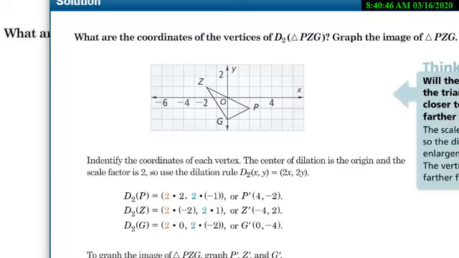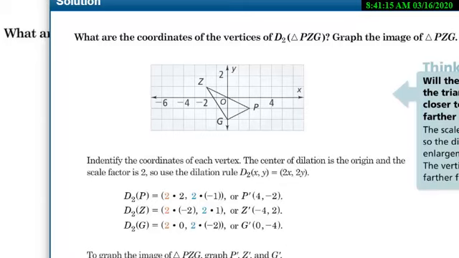So B prime, which is the image of B according to the dilation by the scale factor 2, is gonna be 2 multiplied by 2 and 2 multiplied by -1. So the final result will be 4 and -2. The image of Z, which is Z prime, is gonna be -4 and 2. And finally, the image of G is 2 multiplied by 0 and 2 multiplied by -2, so the final result will be 0 and -4.